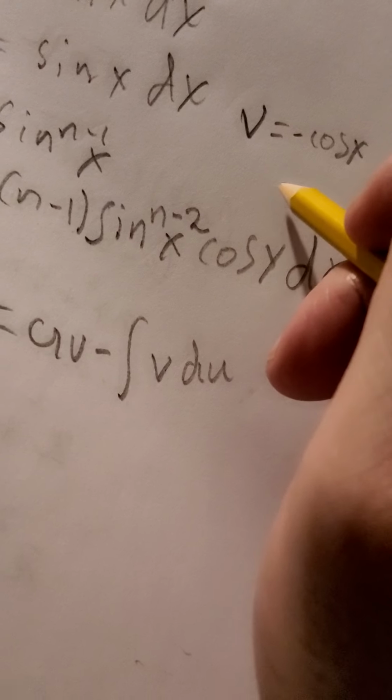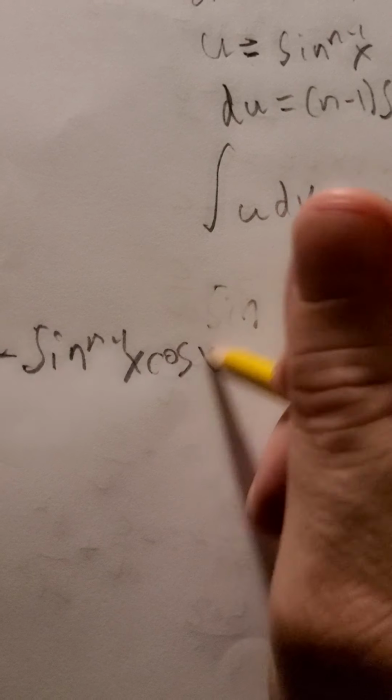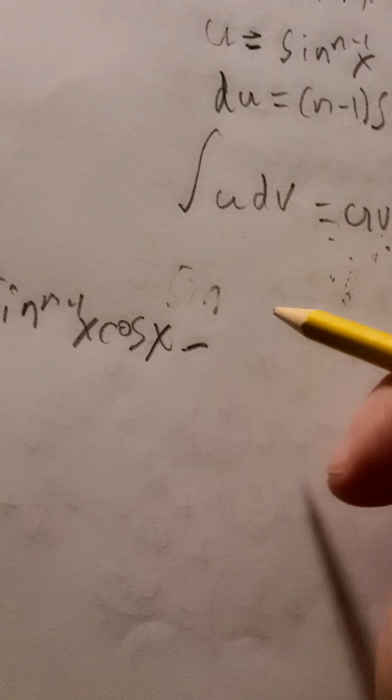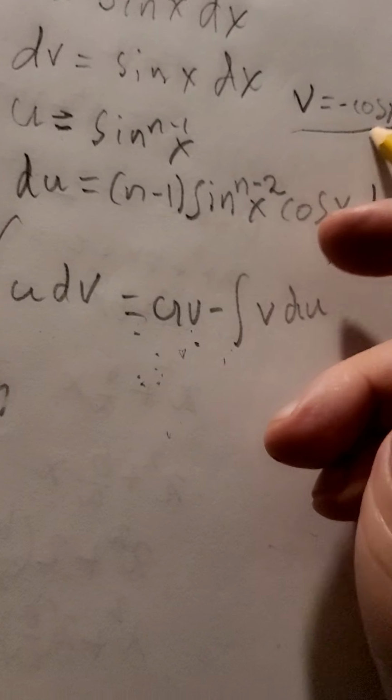Negative cosine, see? Right there. So I'm going to put this negative cosine here, but I'm going to take the negative sign out here. I'm going to put cosine x minus the integral of v du. Okay, v is negative cosine, again.